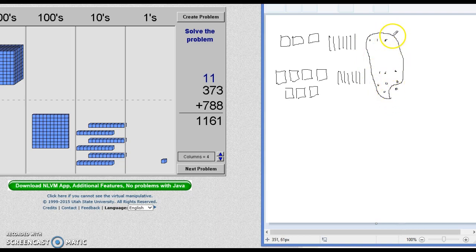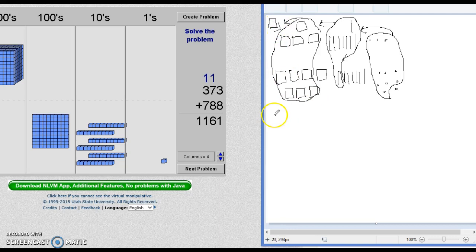There's my 10 babies that have been lassoed, and then we just show that it gets moved over. And then I need to get 10 longs. And that gets moved over. And I need to take 10 flats. Make 1 left there. And that makes a shadow, a block, whatever we want to call it. So then my answer, I've got 1, 1, 6, 1.